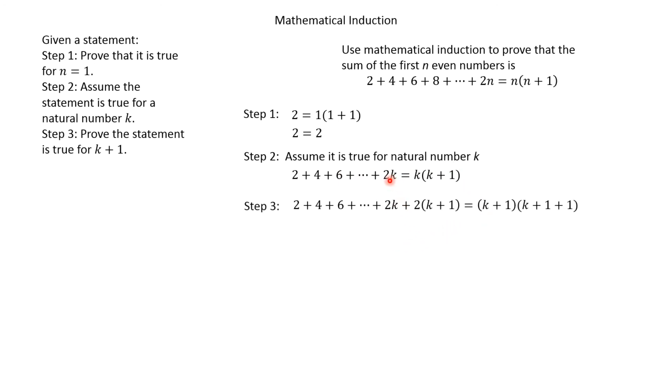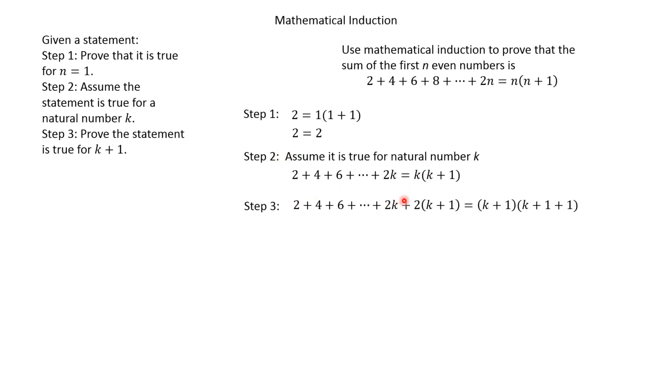So we're going to go, instead of 2k, we're going to go 2 times k plus 1. And then the n's become k plus 1's and k plus 1. So k plus 1 plus 1, that's just k plus 2. And then this 2 plus 4 plus 6 plus 2k, that's what we just assumed was true up here.